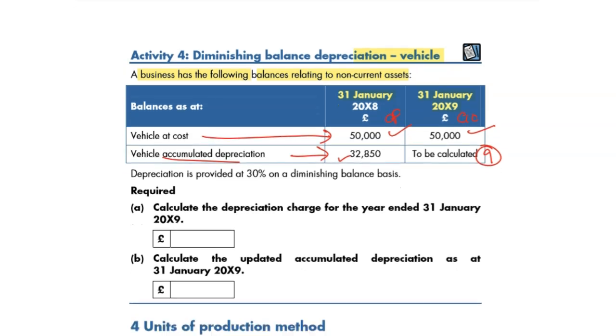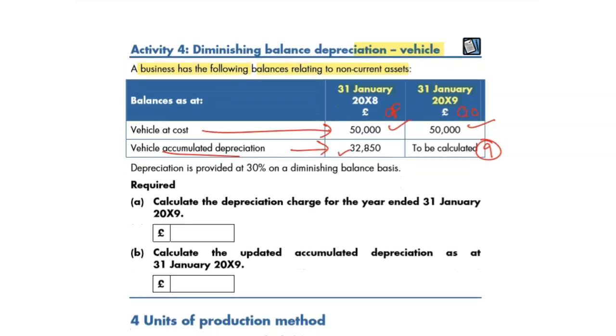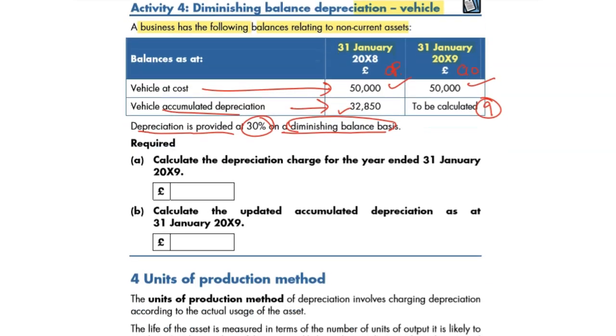So I believe the first requirement is the charge for the year, and that's exactly what it says here. Depreciation is provided at 30% on a diminishing balance, not a straight line. Reducing balance, but diminishing is the word for your assessment purposes in AAT. Requirement: calculate the depreciation charge for the year ended 31st January 2019.